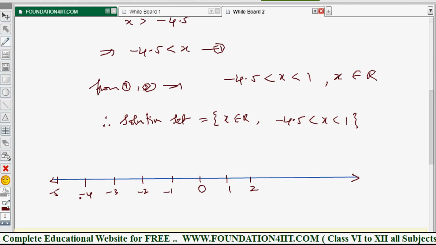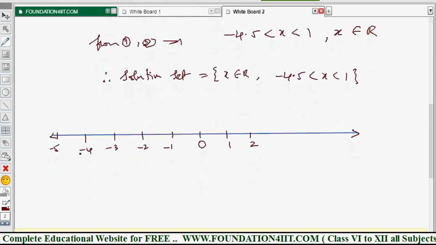Here, because the axis belongs to real numbers, there is minus 4.5. If you observe, between minus 4 and minus 5 is minus 4.5. So this is minus 4.5, and minus 4.5 is not included, so you should keep an open circle. And this side is 1, not closed.